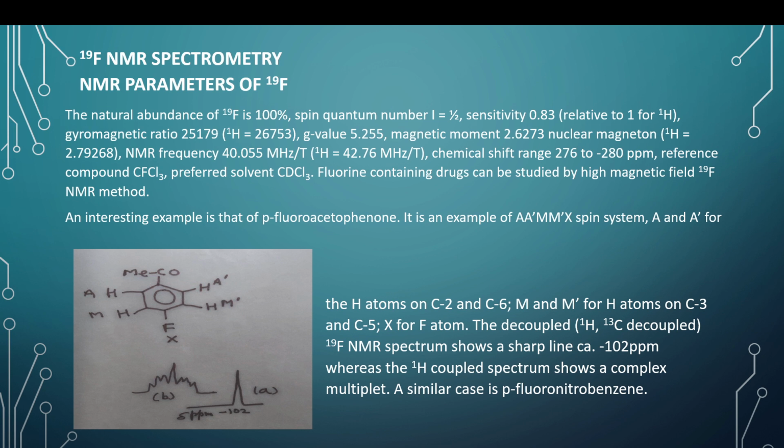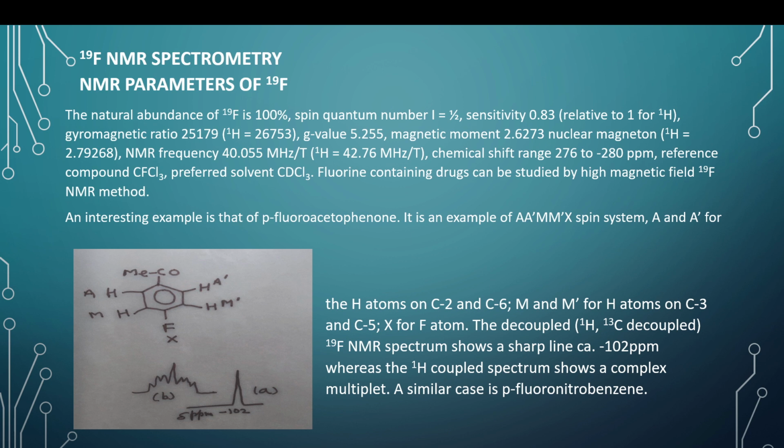Next, we pass on to the fourth element, fluorine 19, which has 100% natural occurrence, monoisotopic. The parameters are: quantum number half, sensitivity quite high, 0.83, relative to 1 for hydrogen. Gyromagnetic ratio is also high, 25,179.